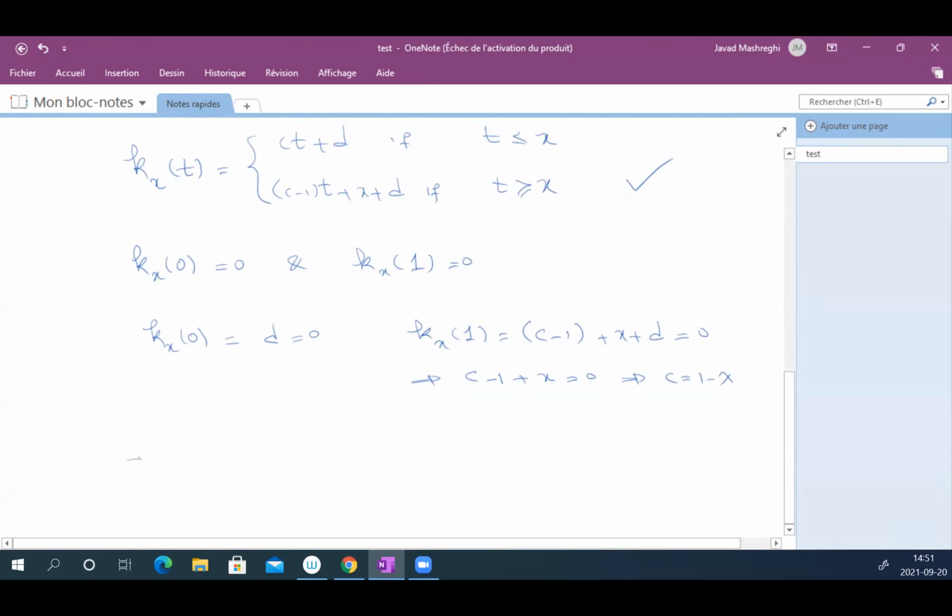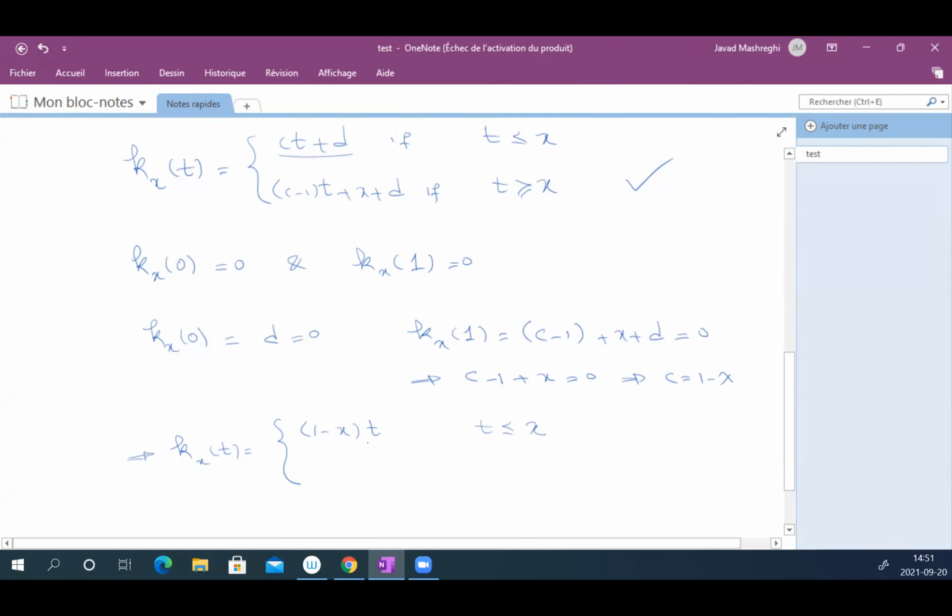So we see that our k is equal to 1 minus x times t. This is for t less than or equal to x, because it's simply c times t, and d is equal to 0.